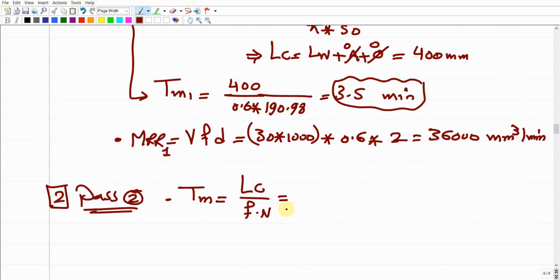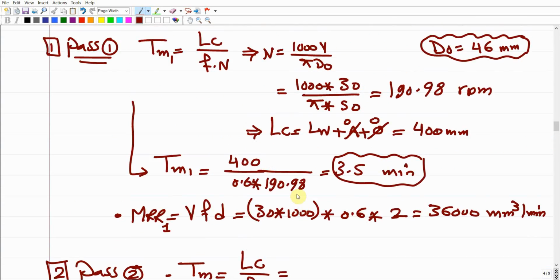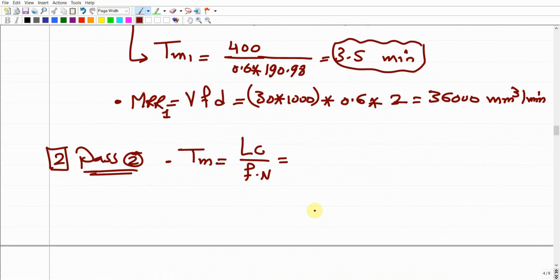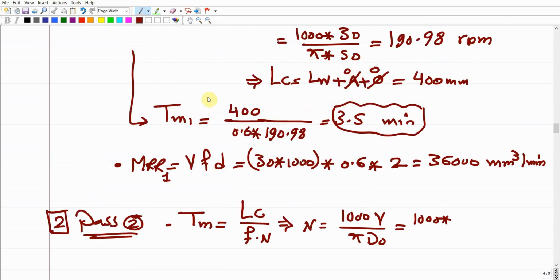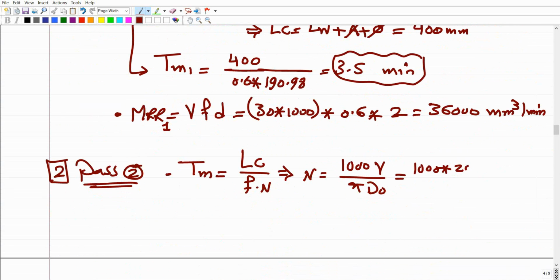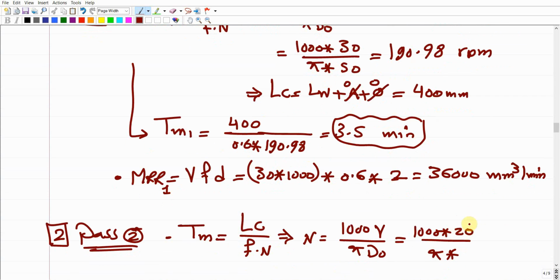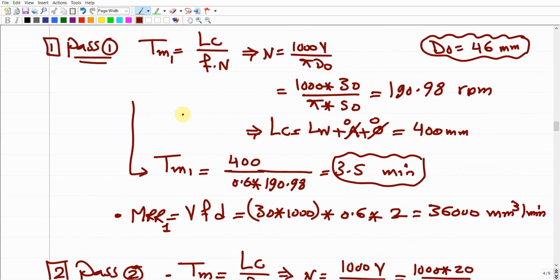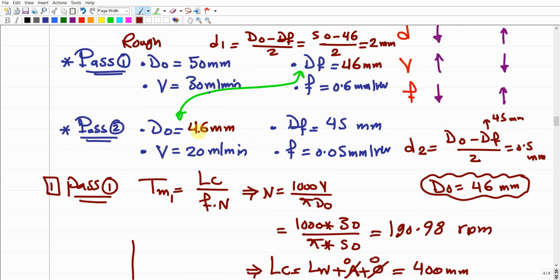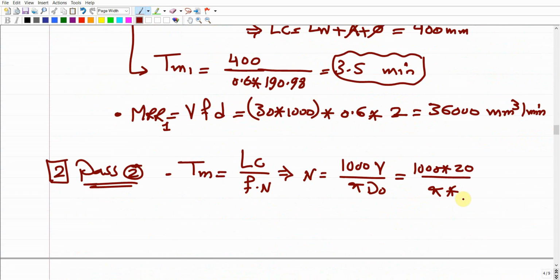Okay, so we're going to calculate it. LC will be the same since we don't have anything regarding the approach or the over travel distance, but we need to calculate N. Calculating N is going to be 1000 times V divided by pi D0 for the second pass. V for the second pass is 20 meters per minute. Because D0 here is different than in the second pass, N will be different, even if we're still using the same V. D0 here is 46, so you have to calculate it again.